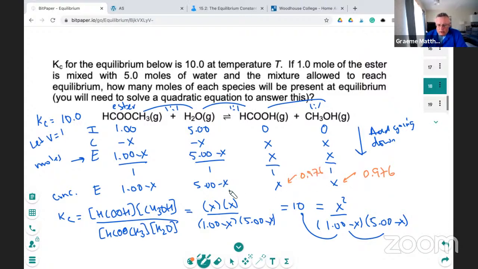All right, so this is going to be 5 minus 0.976, and so this is going to be 4.024. Final answer, and obviously this is 0.976, and so the ester is going to be 0.024, like so.